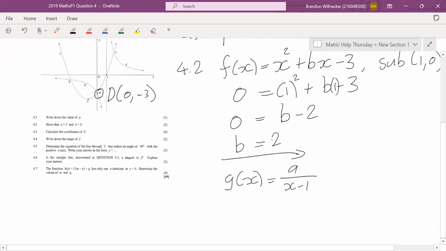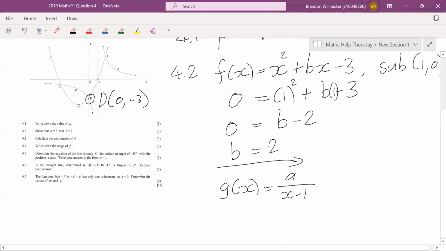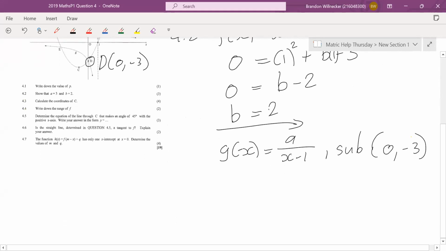And we need a point to substitute. We've got the point D, so let's substitute (0, minus 3). So that means the y value is minus 3, so that goes here. A, we don't know what that is. x is going to be 0 minus 1.